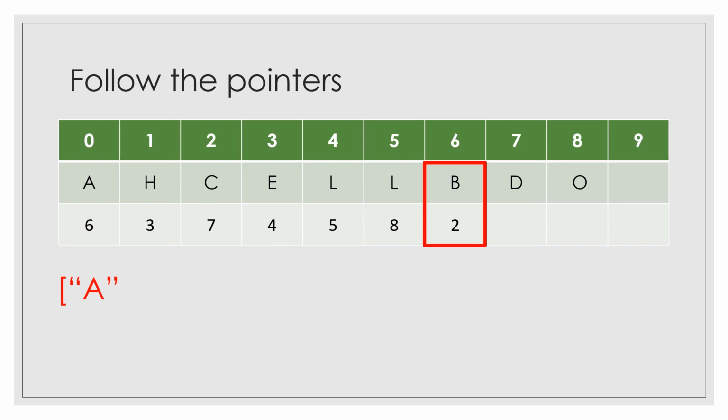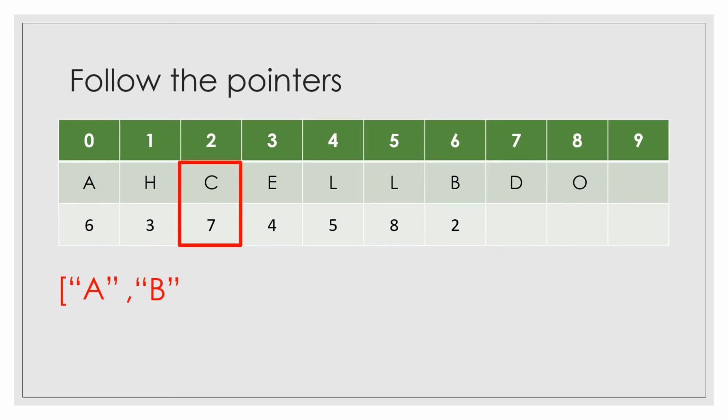That takes us to memory location 6, which contains the data value B and the pointer 2. So let's follow that pointer. Memory location 2 stores the value C and the pointer 7.